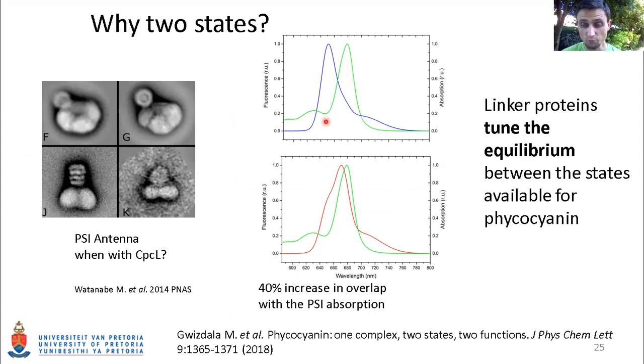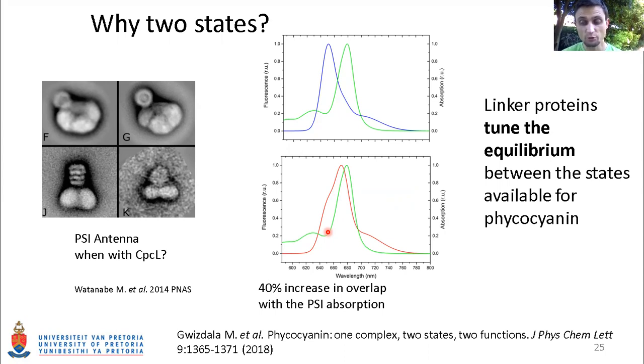Compared to the blue form, the emission spectrum of the red form has a 40% increase in overlap with the absorption spectrum of PS1. So we propose that this red form enables the rods to efficiently transfer energy directly to PS1, instead of first via the core complexes.